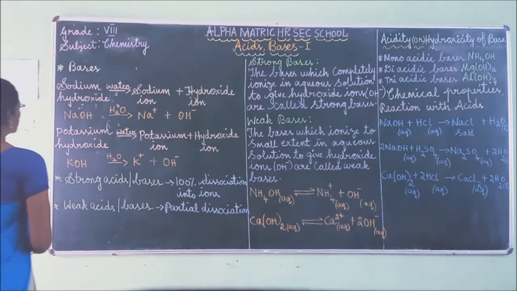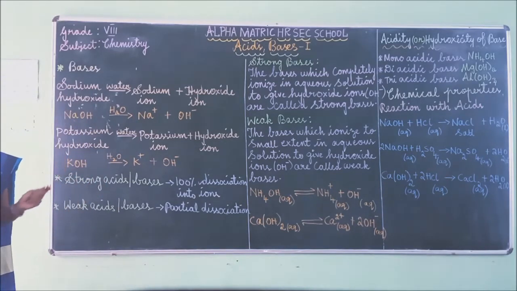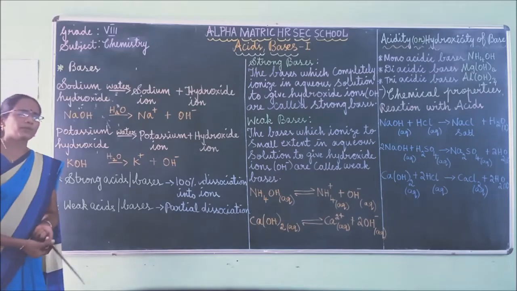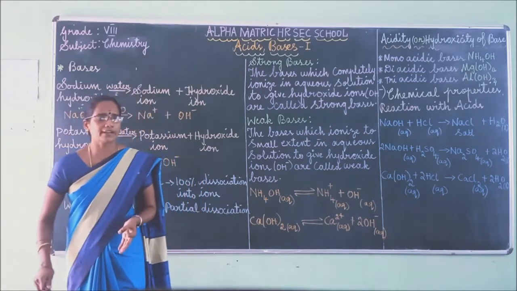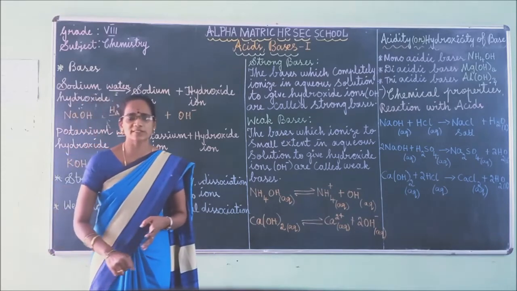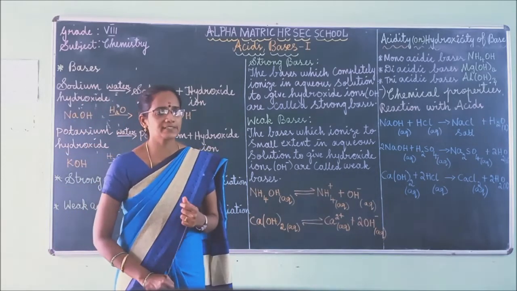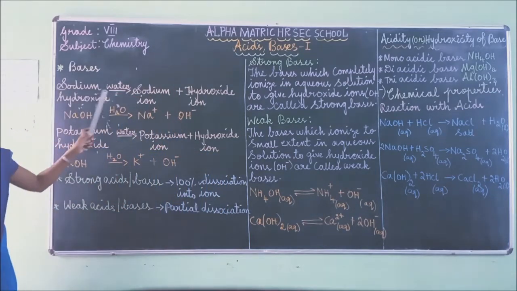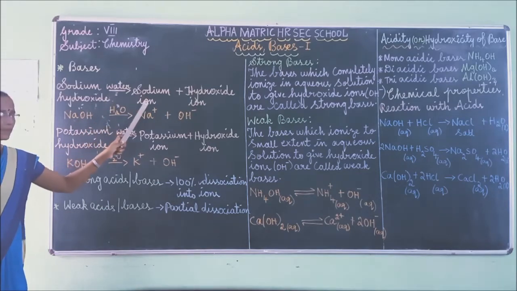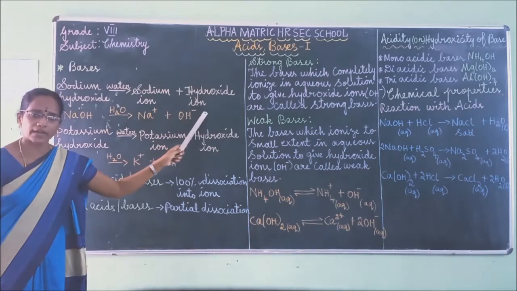Okay. So, for example, you can take sodium hydroxide, potassium hydroxide, ammonium hydroxide, calcium hydroxide. These are some of the examples for bases, right? Sodium hydroxide, when dissolved in water, forms sodium ion as well as it releases hydroxide ion.